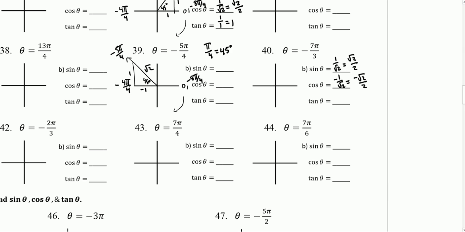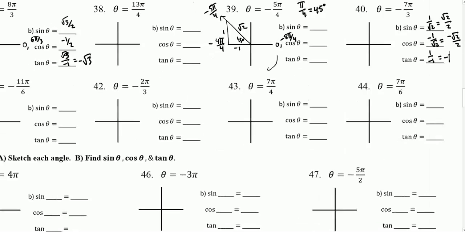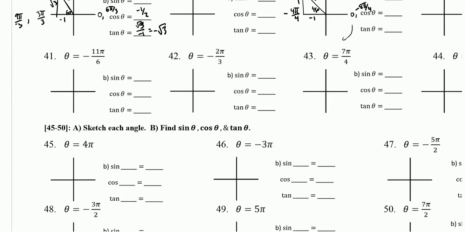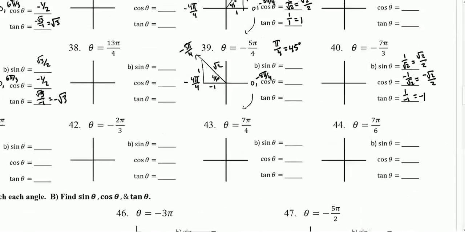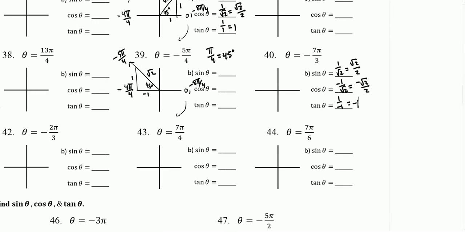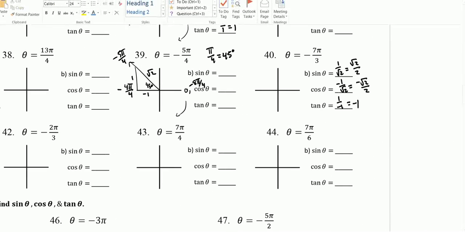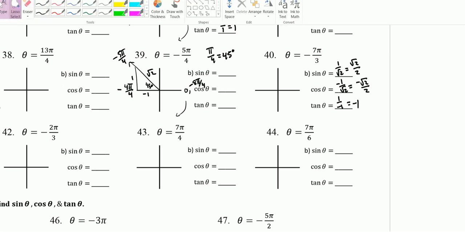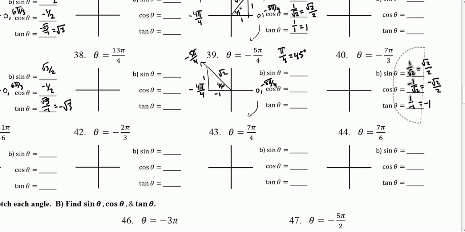And tangent will be 1 over -1, which is -1. Sorry, you know what? I wrote those in the wrong spot. Let me fix that. Those belong right there.